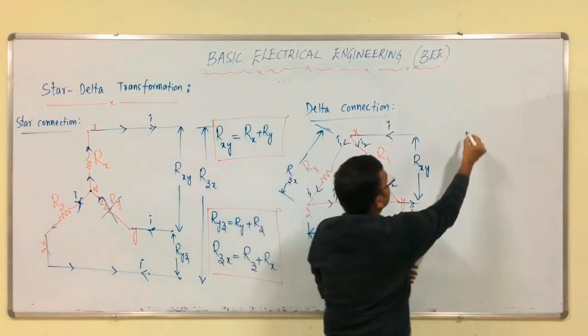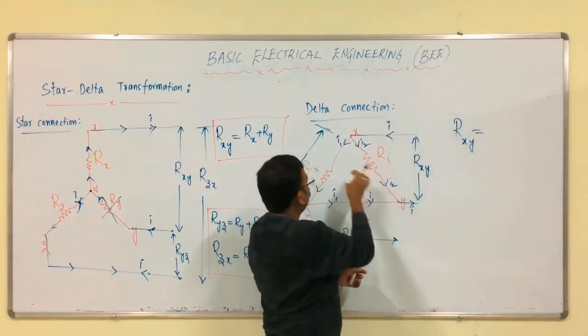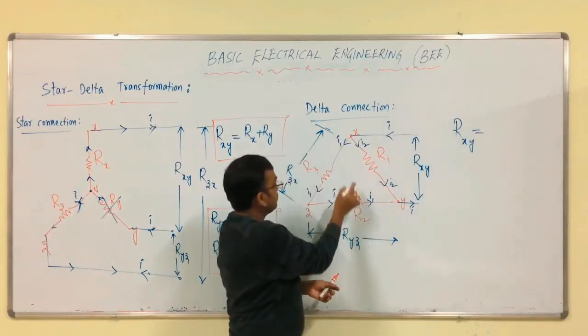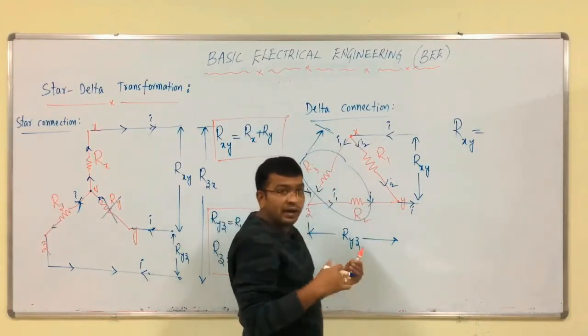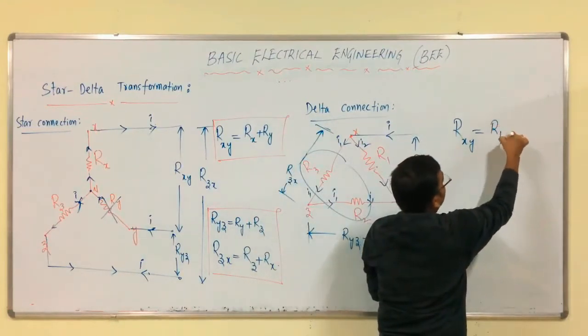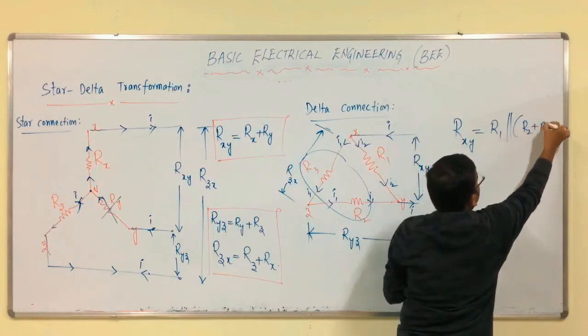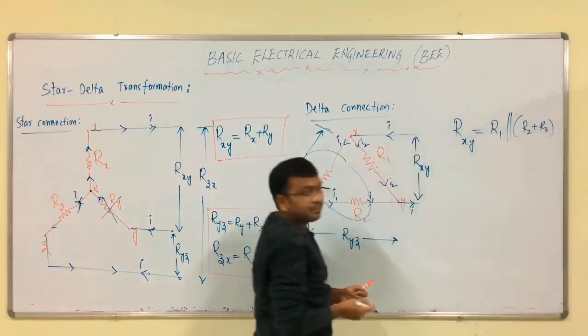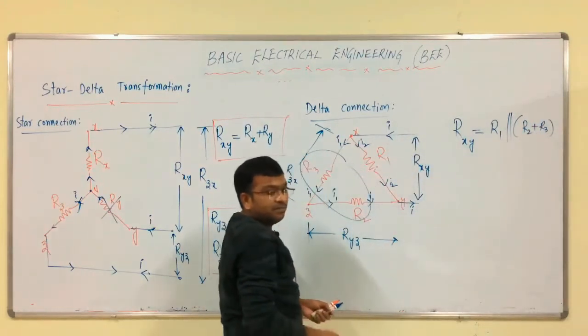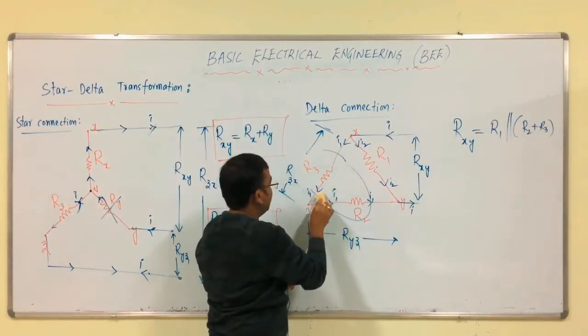So, R x y is equal to the series combination of R2 and R3 in parallel with R1. So, R1 is parallel with R2 plus R3, clear. Now, we have to calculate between y and z.